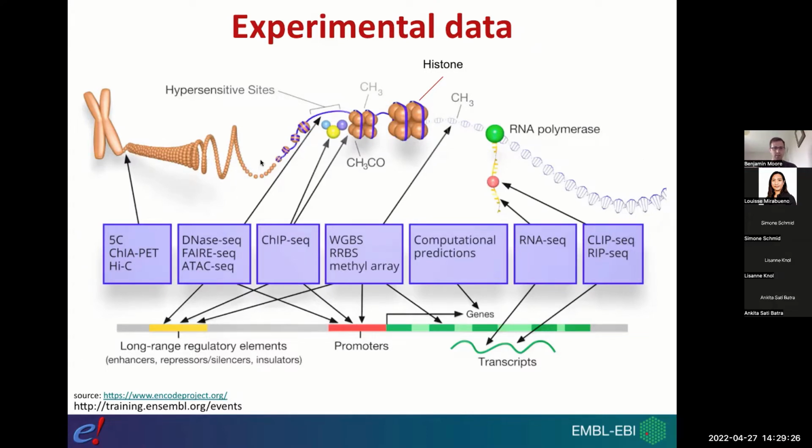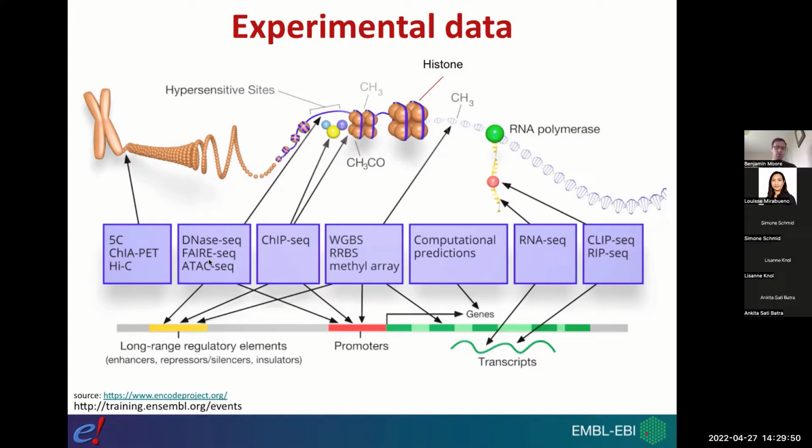So we have these regions of closed chromatin, and then these regions of open chromatin here that we'd think of as the hypersensitive sites. These are regions of open chromatin that are sensitive to digestion by DNase enzymes. So DNase sequencing can assess the pattern of open and closed chromatin along the genome.